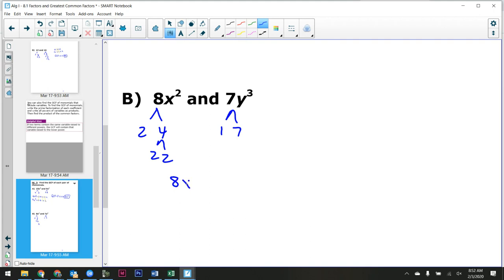So 8x squared written out is 2 times 2 times 2 times x, and 7y to the third is 7 times 1 times 7, but we wouldn't write it 1 times y times y times y.